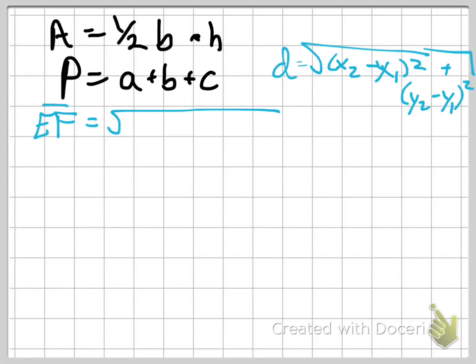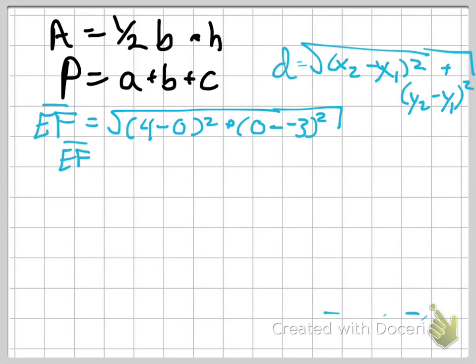Equals the square root of, when I look at my endpoints, I'm going to say F is x2, y2, E is x1, y1, so 4 minus 0 squared plus 0 minus negative 3 squared.